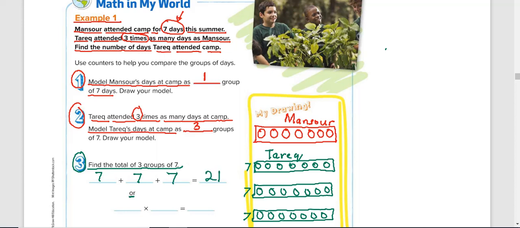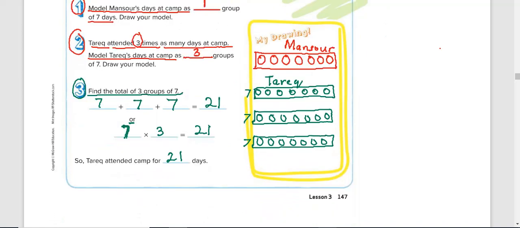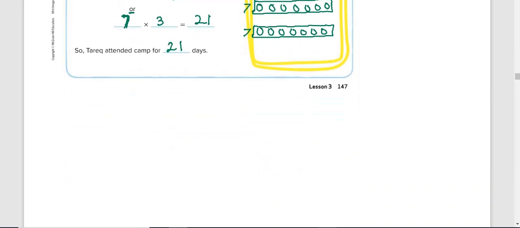Or another way of doing that is, there are 3 groups of 7, each group has 7, so that's 7 times 3, and that will give you 21. So Tariq attended the camp for 21 days.